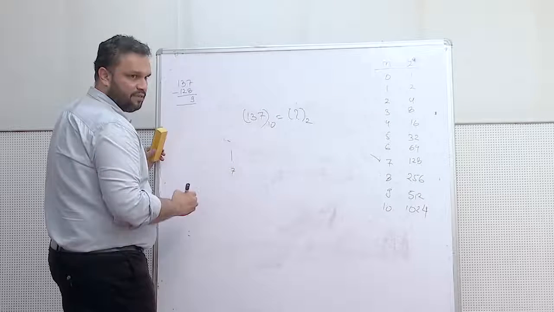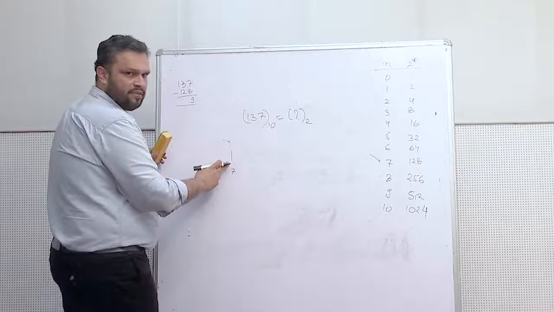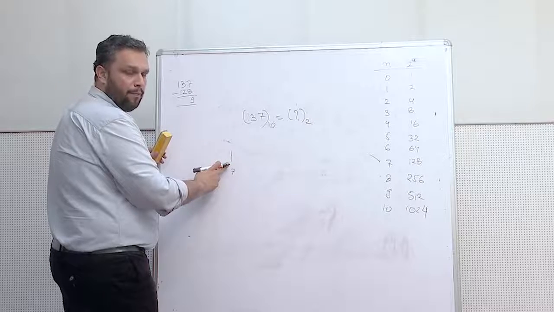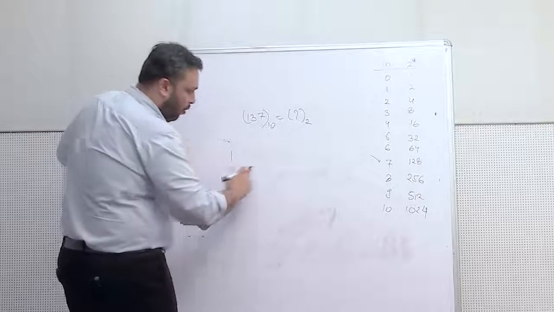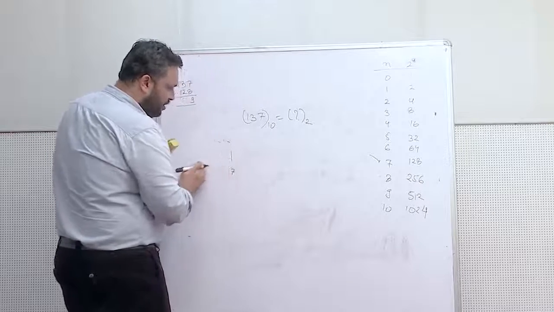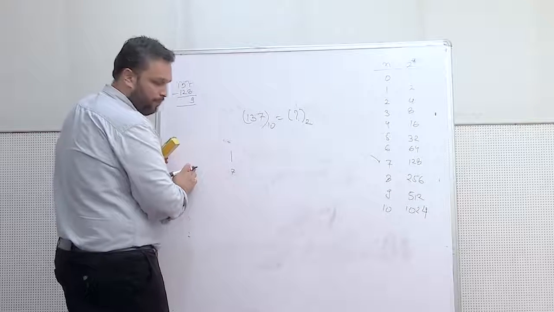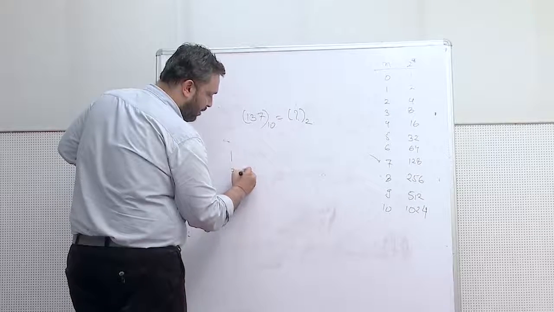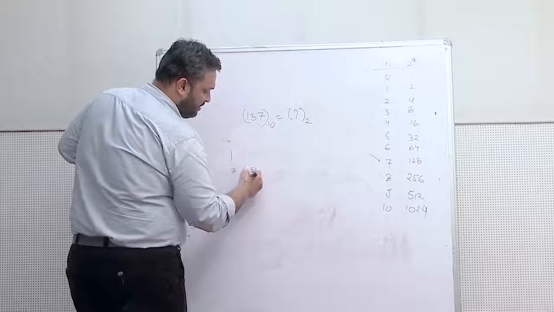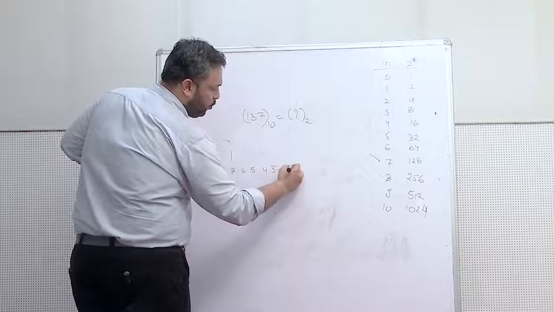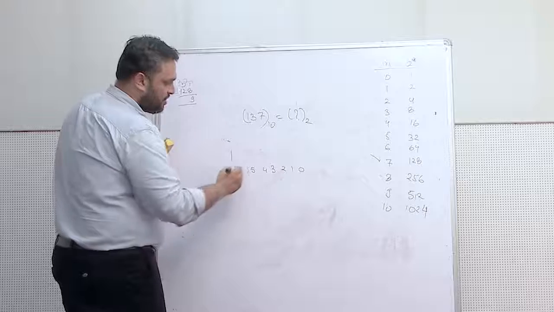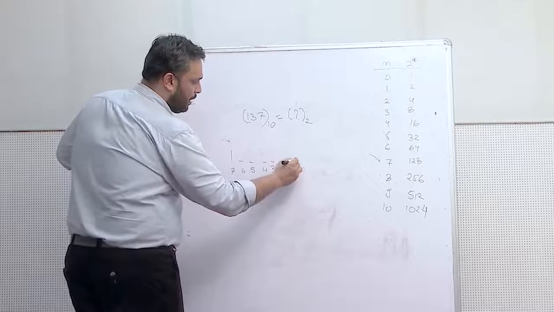So mark the position 7. This is the most significant bit of your binary number. And any position before that is always going to be 0. The positions beyond that, which are positions 6, 5, 4, 3, 2, 1 and 0, are the positions which we need to fill now.